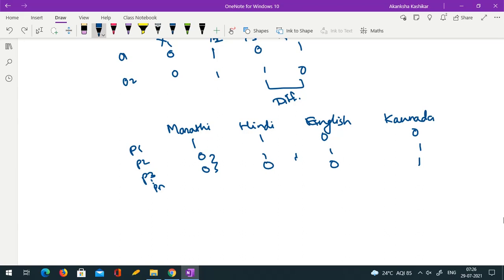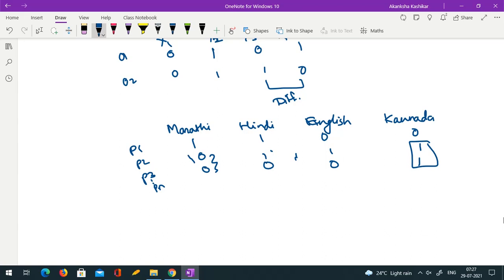A 1-1 match guarantees that if I put these two people together, they can converse in Marathi. Whereas if I put this second person and the third person together, it is of no use because they have no 1-1 match. The only matches are 0-0 matches, so they don't have any actual variable in common.